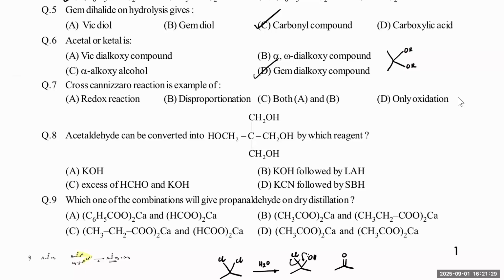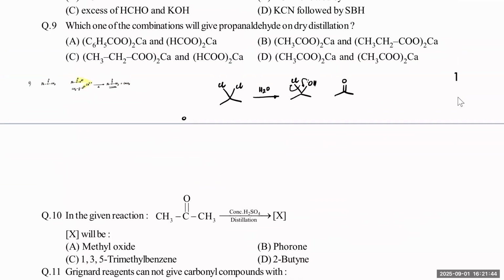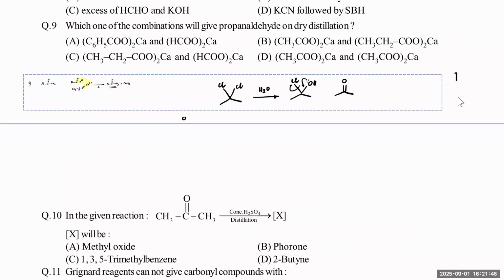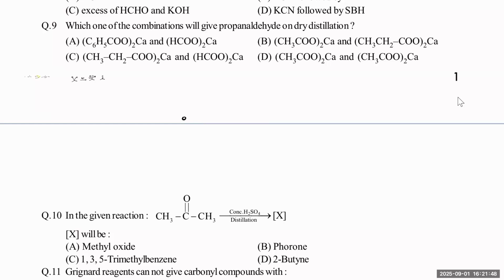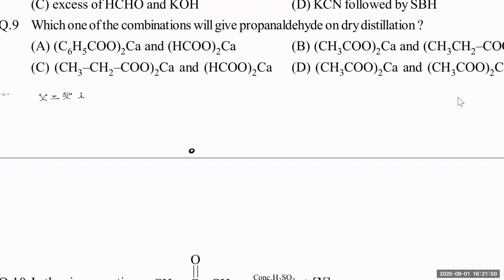Cross Cannizzaro is an example where a redox reaction is happening and a disproportionation is also happening. That is what is called cross Cannizzaro. Any example if we take? Notice this example. If you have HCHO plus PhCHO, this is cross Cannizzaro.